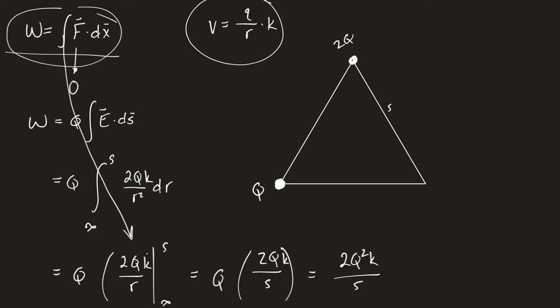So when I go to bring my next charge in, I could calculate the work done against this charge and then add to it the work done against this charge in order to determine the total amount of work to bring that last charge in from far away.